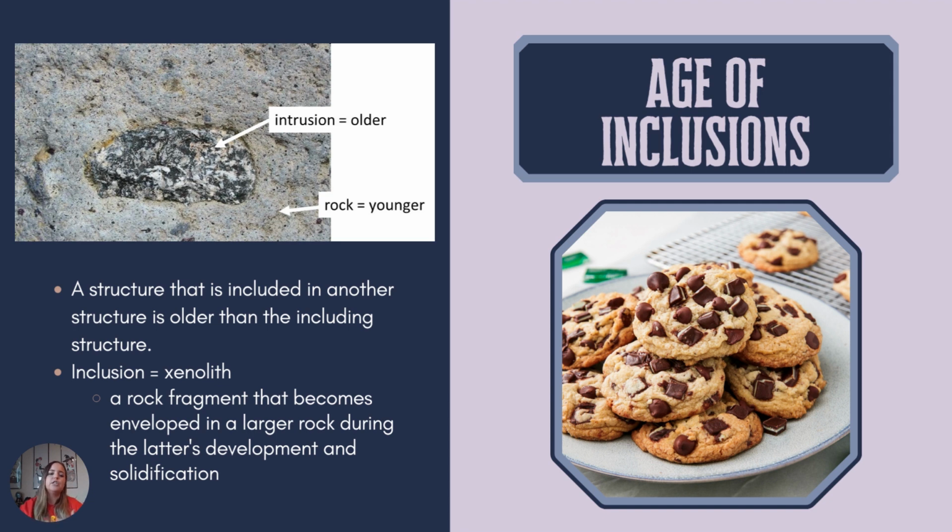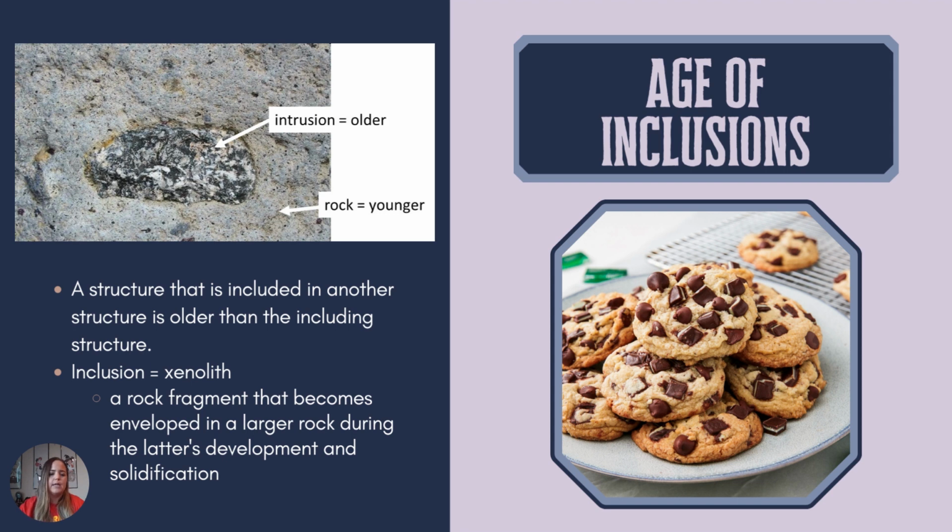Then we have the age of inclusions. In some rocks, we might see inclusions, sometimes referred to as xenoliths. These xenoliths are rock fragments enveloped in a larger rock that was not necessarily associated with the larger rock's formation.